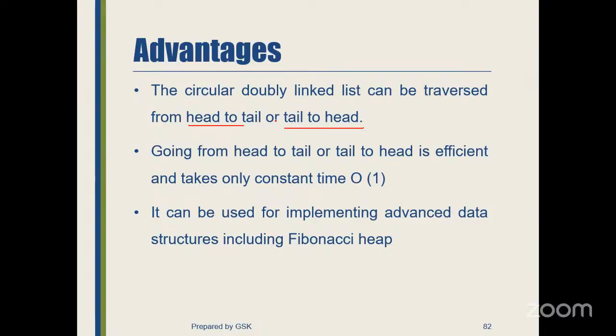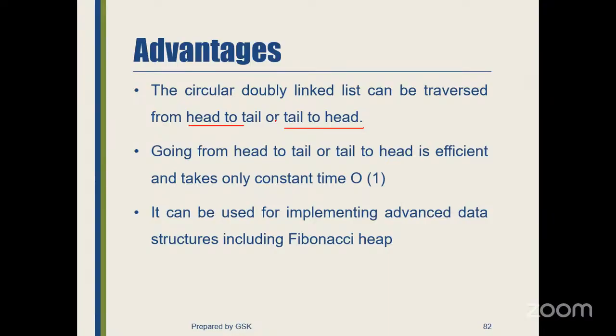Going from head to tail or tail to head is efficient and takes only constant time, that is order of one. We covered already order of one, order of n, and so on. It is nothing but constant time. If you want to travel from head to tail directly or tail to head directly, it takes constant time. So that is efficient. It doesn't take more time.